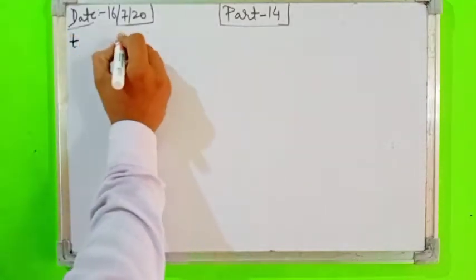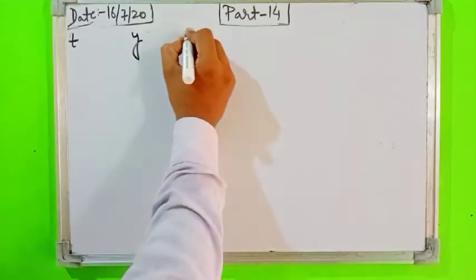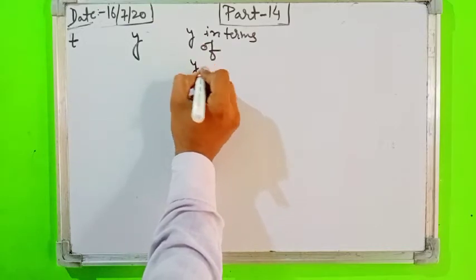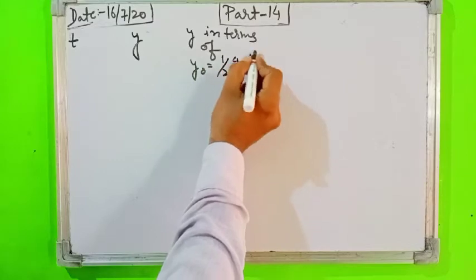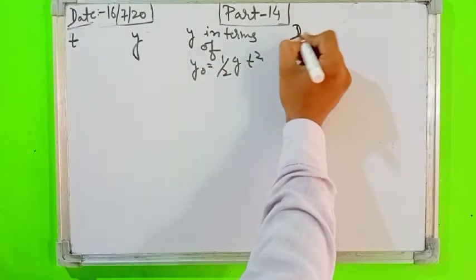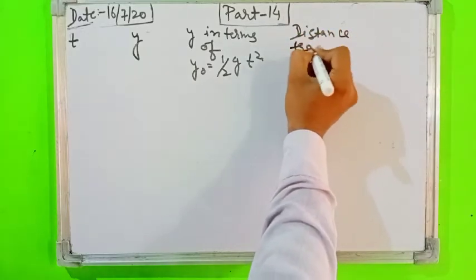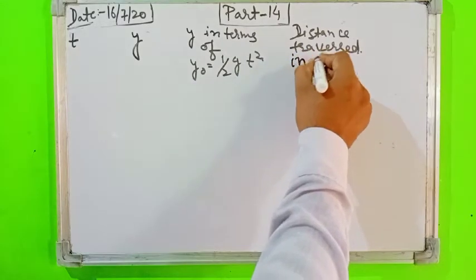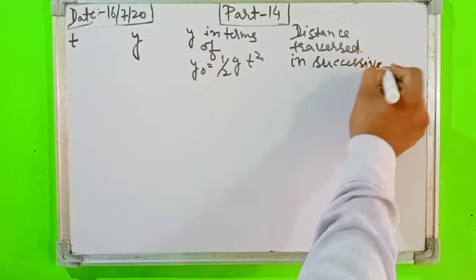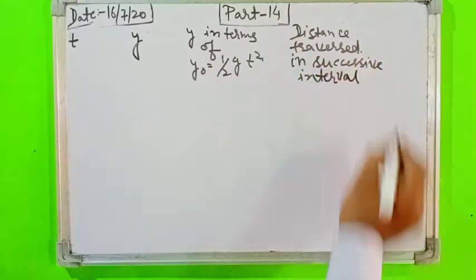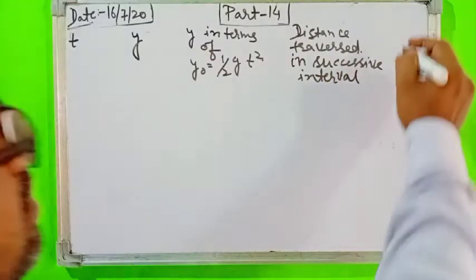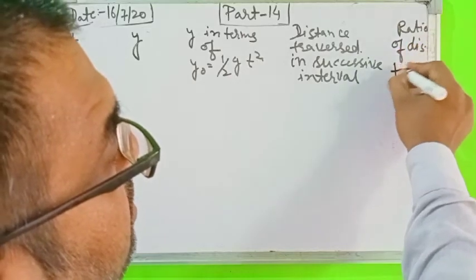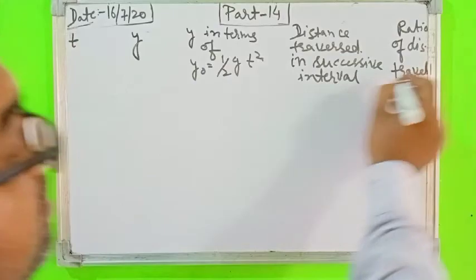Here I am writing t, y the distance traveled in terms of y naught, where y naught is equal to half g tau square, the distance traveled in successive intervals, and the ratio of distance traveled.